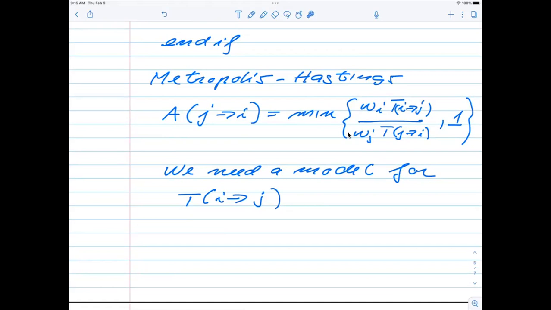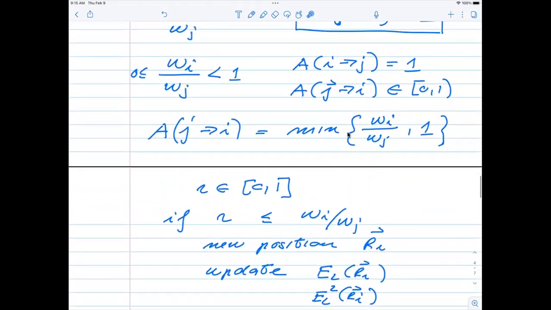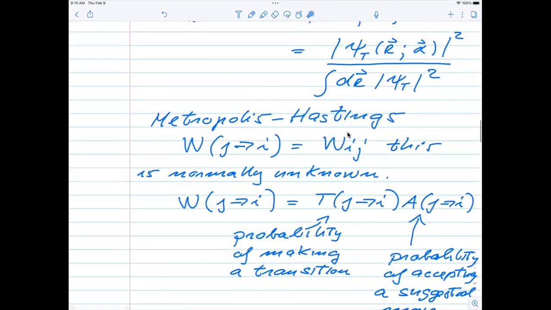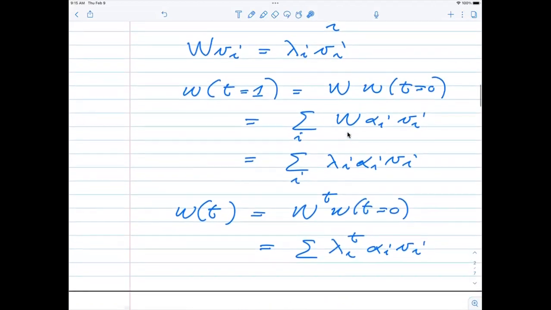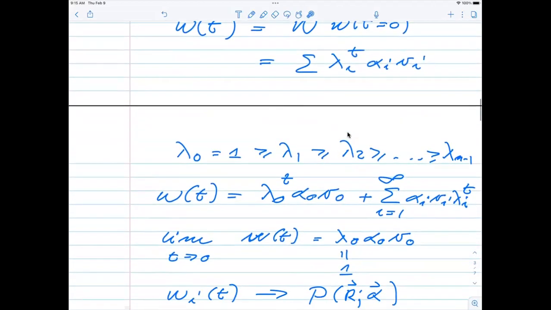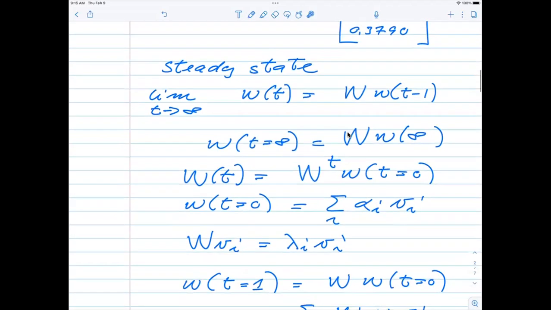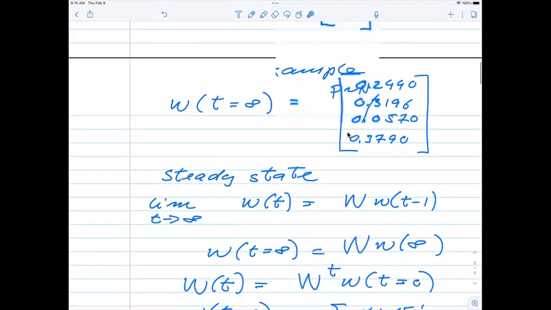In principle, what we want at the very end is that our system reaches what we call the steady state, and that corresponds to the state with the largest eigenvalue of the stochastic matrix. However, these are quantities which we are not able to quantify properly in our calculations, because we do not have a specific model for the transition probability.